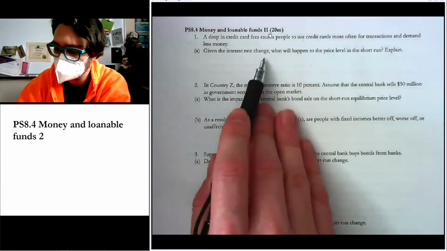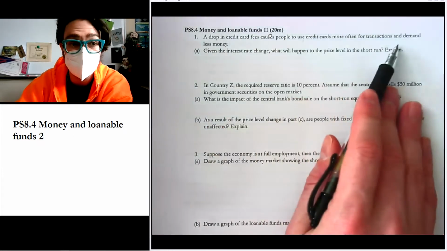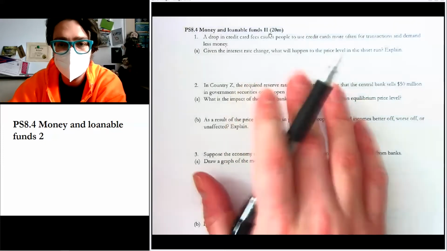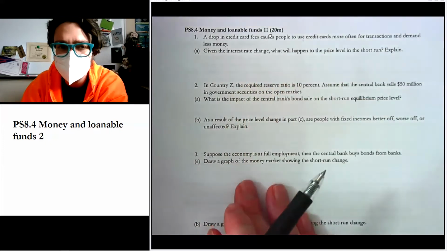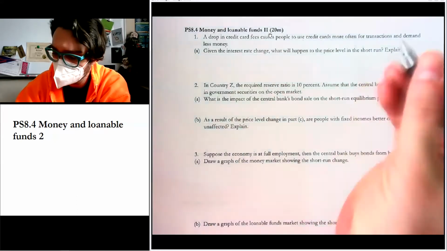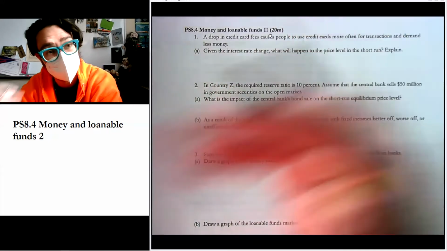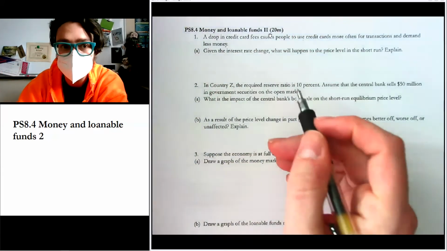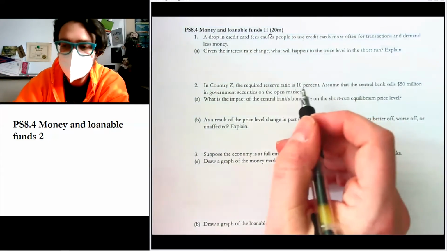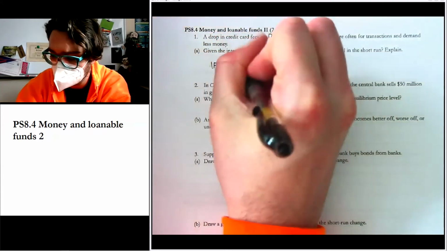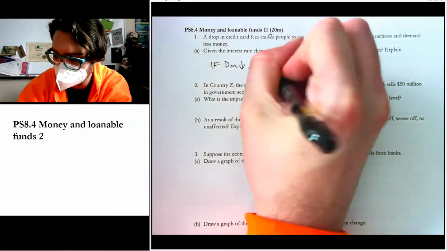It says, given the interest rate change, because there's less demand for money, what will happen to the price level in the short run? That year, that AP exam question really confused students because they had to figure out the interest rate change first, and then make a lot of connections to get there. So if you have your problem from number one, if there's a demand for money decrease, we'd say interest rates should decrease.